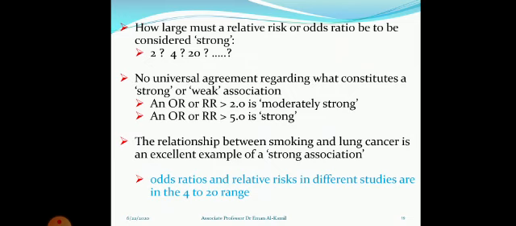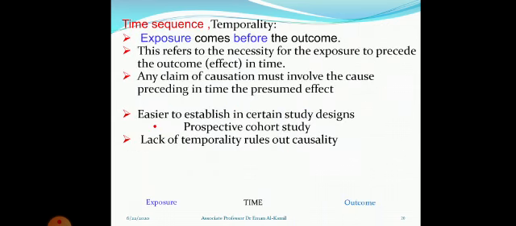The relationship between smoking and lung cancer is an excellent example of a strong association. Odds ratio and relative risk in different studies are in the 4 to 20 range. So if these ratios are between 4 and 20, this means that there is a strong association.